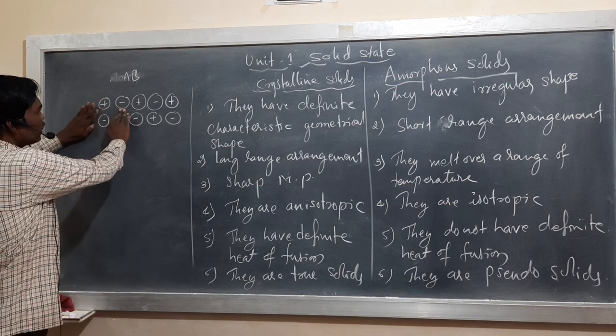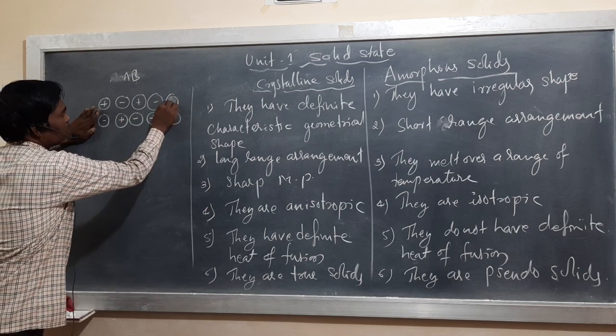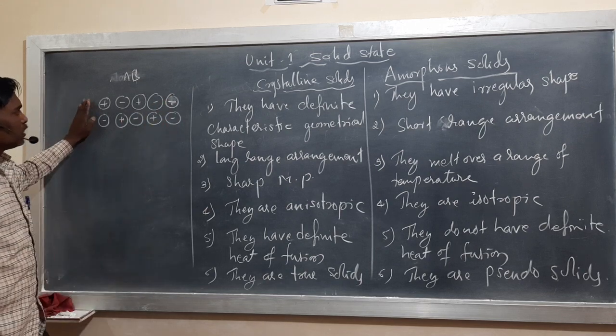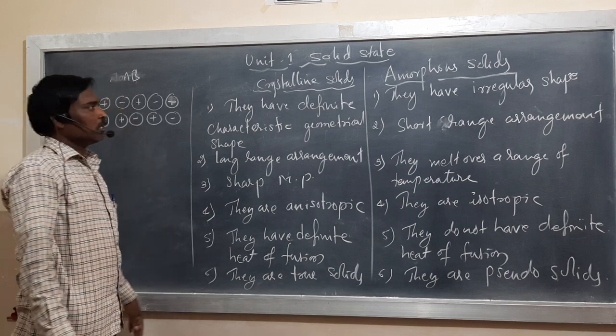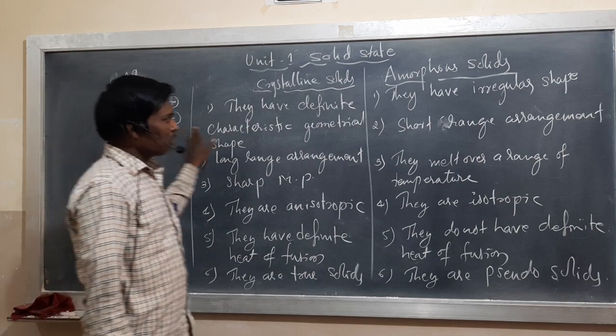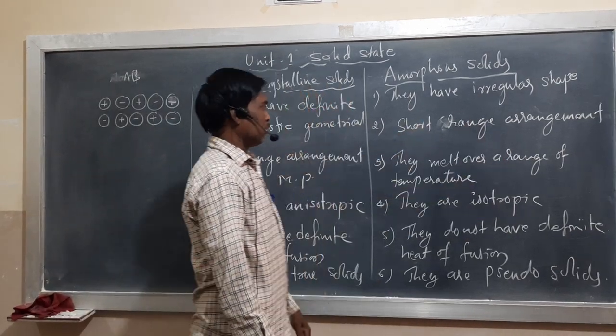Initially there is positive, negative, then positive, negative. After a certain range this arrangement is disturbed, so that's why it has an irregular shape. In amorphous solids we see only a short range arrangement.